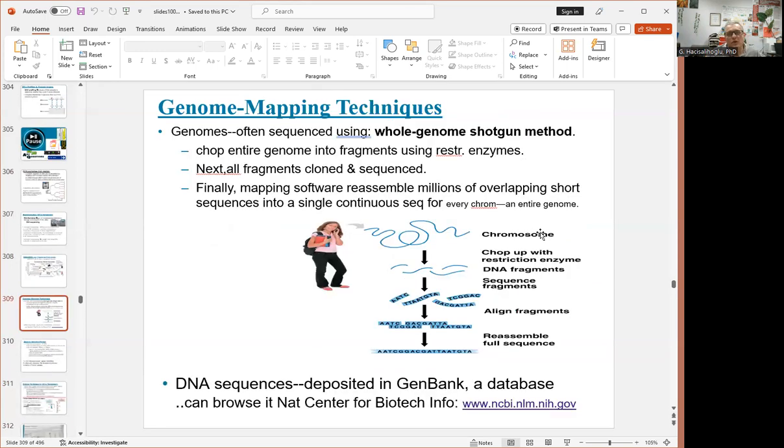There is a technique called genome mapping, which, like the name suggests, maps all the chromosomes and all the known genes on every chromosome in specific locations. Genome mapping techniques can also be like the whole genome shotgun method, just one way to do that. And then finding DNA sequences and depositing them in gene banks that are open to the whole public.